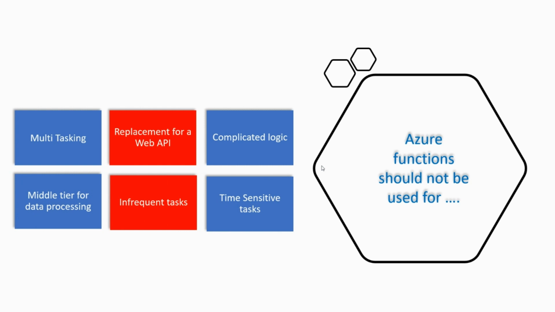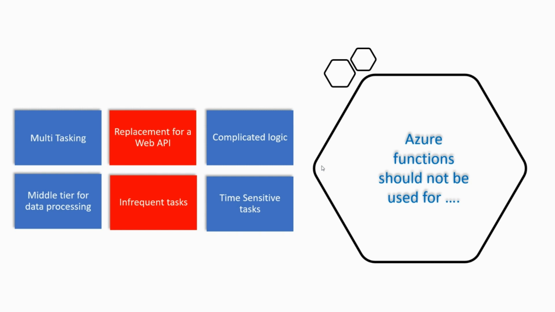Substituting a set of Azure function apps for an API is not a viable choice. You can do certain business actions which are part of a Web API using Azure function, but not the entire logic related to Web API.